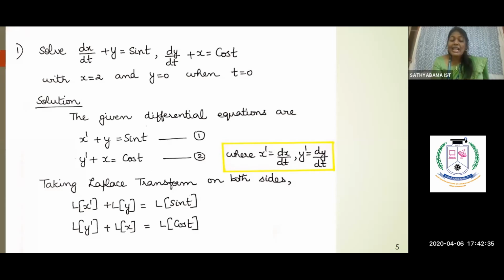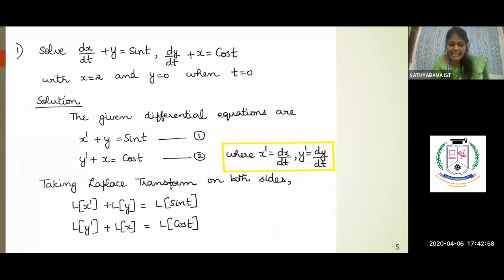Now let's go on to step 2. What do you do in step 2? You straight away apply Laplace transform on both sides, because you know you're going to use Laplace transform to solve these differential equations. So in the very beginning, you're going to apply Laplace transform on both sides in the given two differential equations. So what will you get?